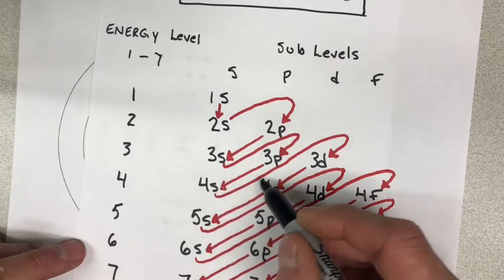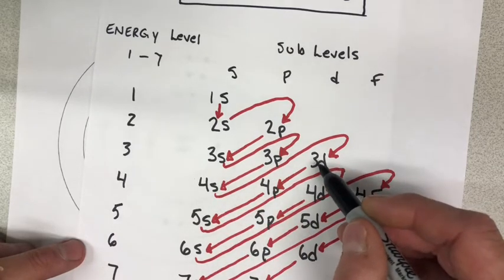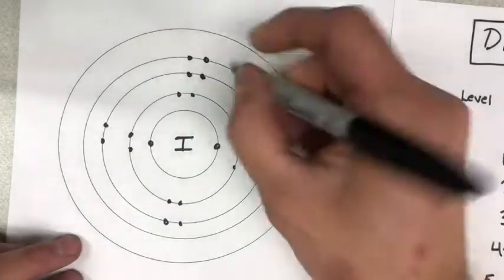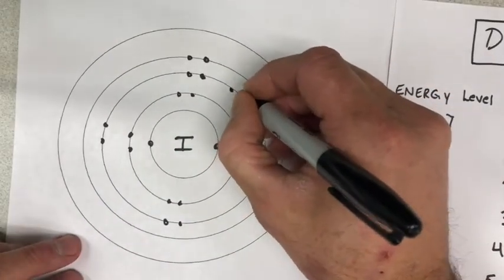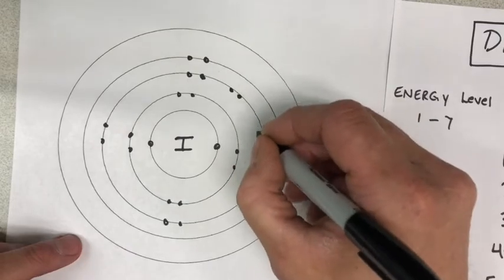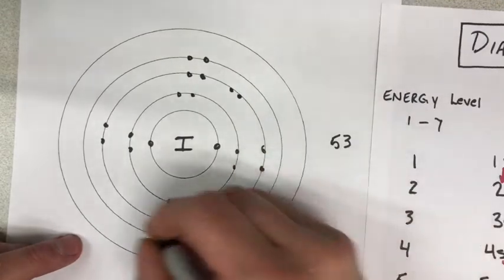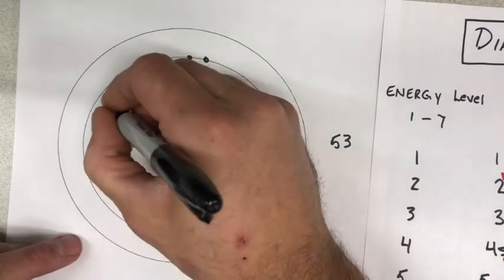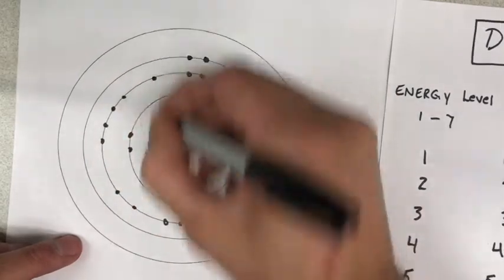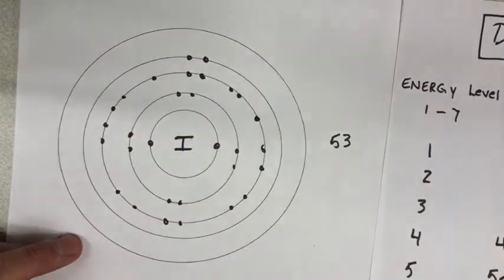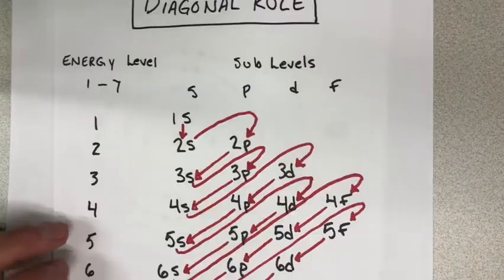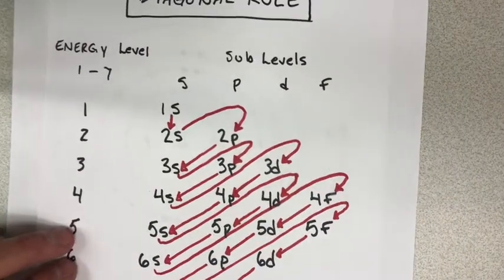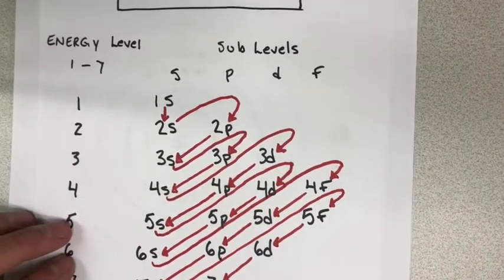And from 4s, then we can backfill into 3d with another 10 electrons. So we've got to come back here to the third and fill 10 more electrons. There's 2, 4, 6, 8, and 10. Okay, so now we have a full third sublevel, a full third energy level, excuse me.